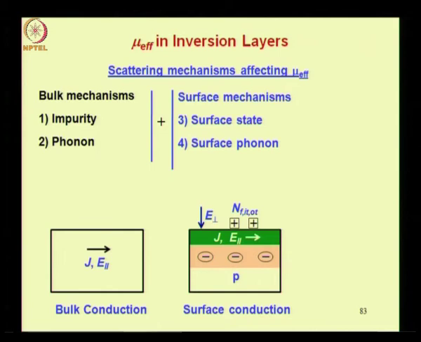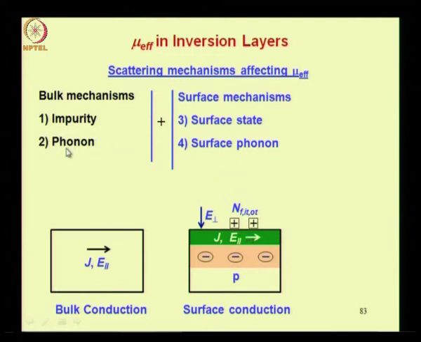You have analogous extra scattering mechanisms at the surface. For example, analogous to the impurity scattering, you have the surface state scattering because of surface charges. So, these charges are indicated here. They scatter the carriers in this surface mobile carrier layer just in the same way as you have scattering because of ionized impurities.